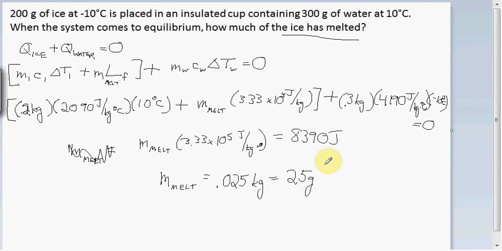So of our 200 grams of ice, 25 grams melts before we reach equilibrium. And just a reminder, what we mean by equilibrium is the whole thing comes to the same temperature. So, that's it.